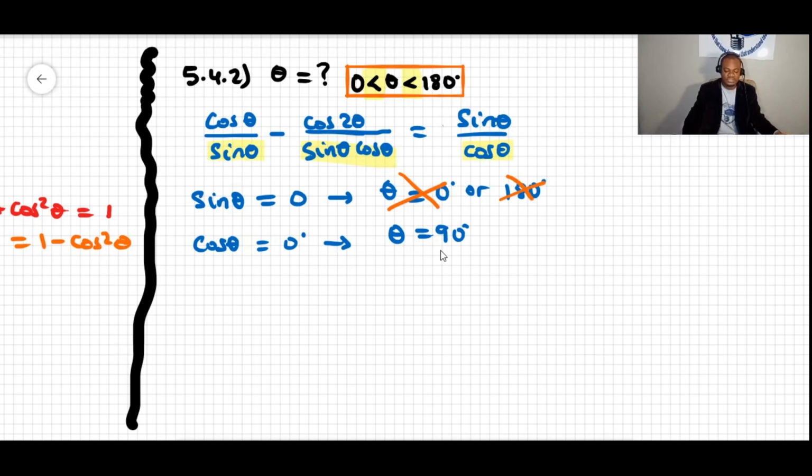But cos theta equal to 0 makes theta equal to 90 degrees, and yes, 90 degrees is in this interval. So to answer this question, the solution here is just 90 degrees. If theta is 90 degrees, then the identity is undefined. Thank you.